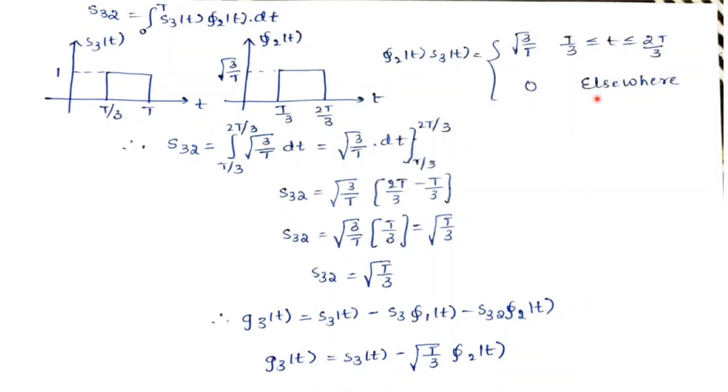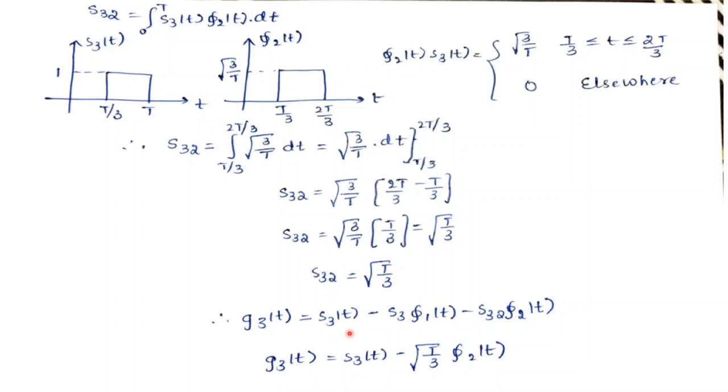So we have to find s32. Therefore s32 is equal to integral t by 3 to 2t by 3 of root of 3 by t into dt, and when we apply the limits from t by 3 to 2t by 3, at final we'll get s32 is equal to root of t by 3.